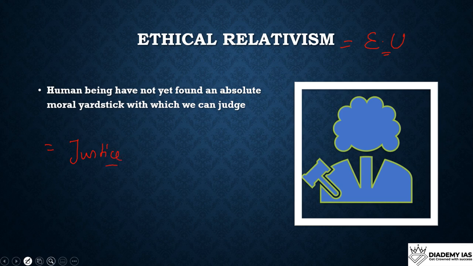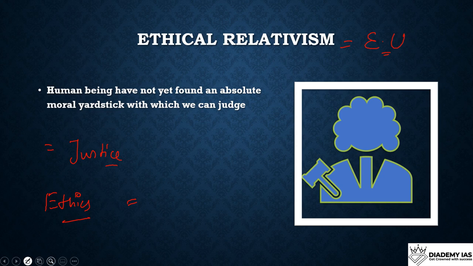But please remember, they do believe in ethics. They just say that your ethics might be different from mine, and I'm not anyone who can judge you. In universalism, if you don't follow, you might not be considered ethical. But in relativism, they say you follow whatever you want to follow.